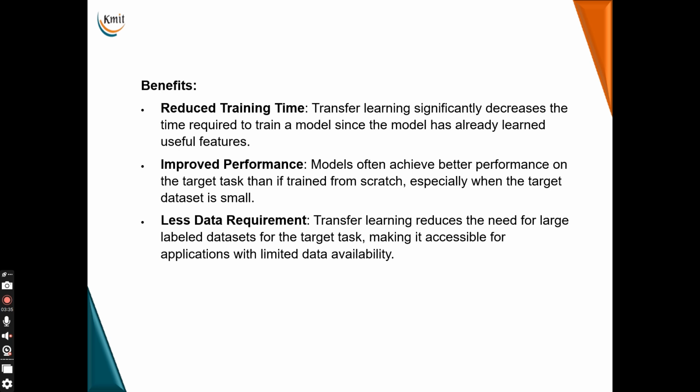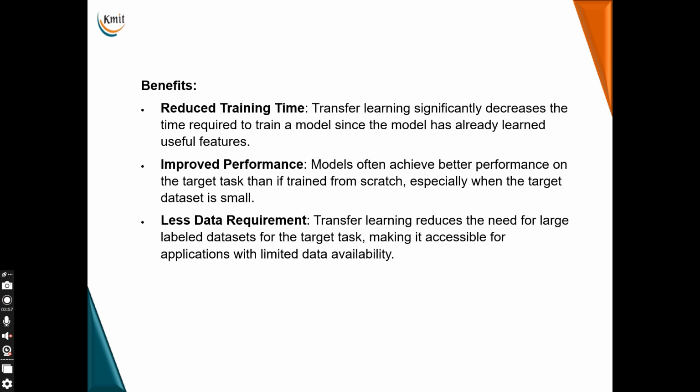What are the benefits of using transfer learning? Reduced training time, because it has already acquired some level of knowledge. Now you are just customizing it to the specific task, so you are reducing the training time.